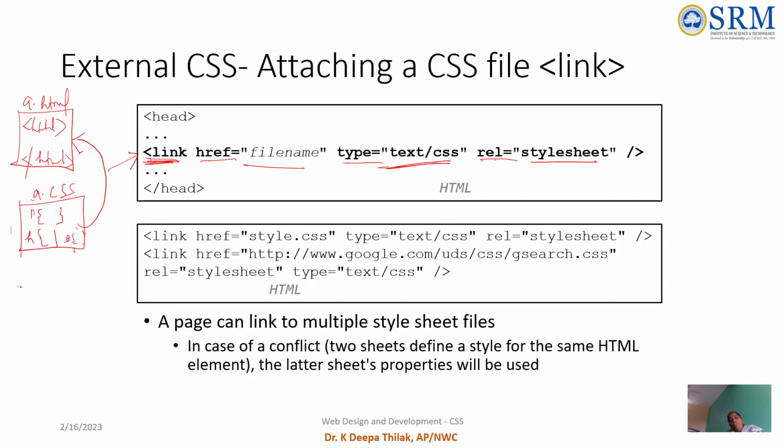What is the benefit of having this external? Consider the scenario where I have a website. This website will have many web pages. These web pages should all have common styling information. Then only does it look attractive to the user, and they will understand they are in the same website, right?